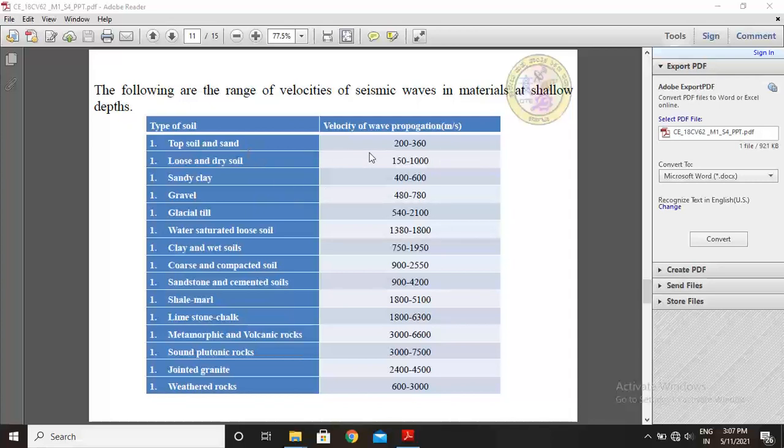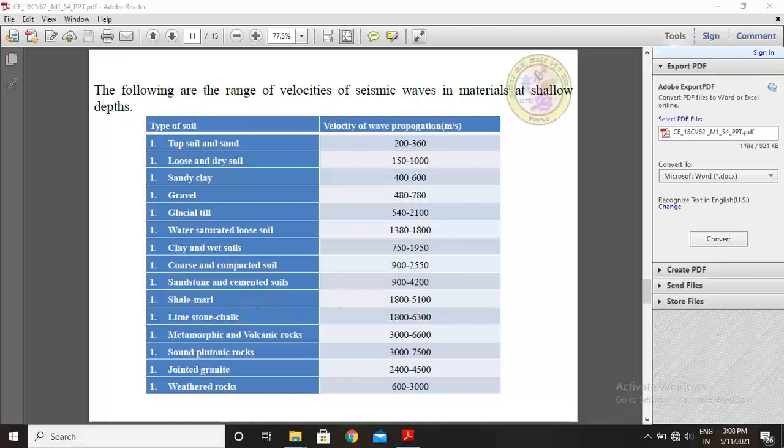Topsoil and sand 200 to 360 meters per second, loose and dry soil 150 to 1000 meters per second, sandy clay 400 to 600, gravel 480 to 780, glacial till 540 to 2100, water saturated loose soil 1380 to 1800, clay and wet soils 750 to 1950, sandstone and cemented soils 900 to 4200 meters per second. These are the ranges of velocities.